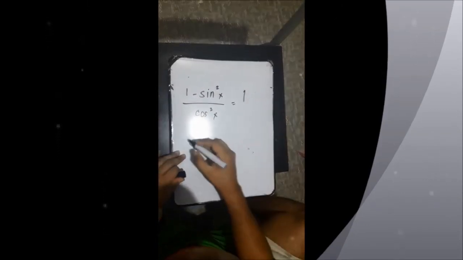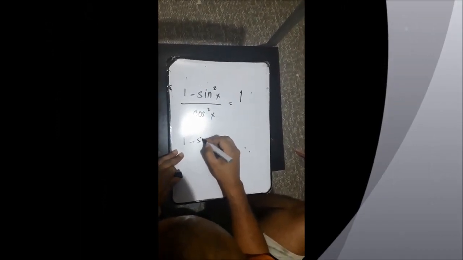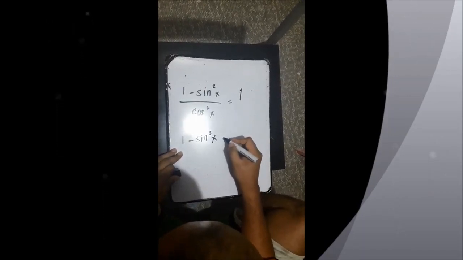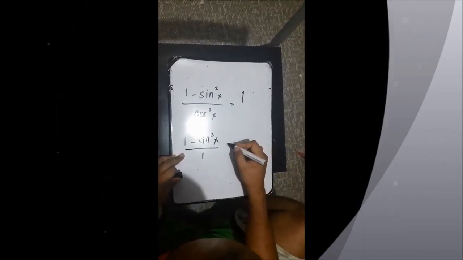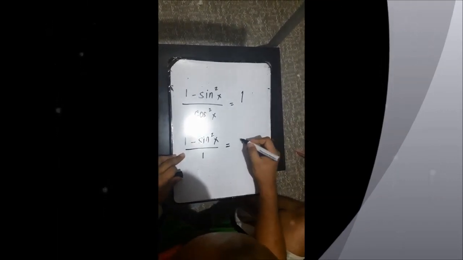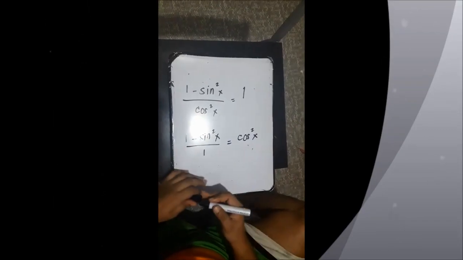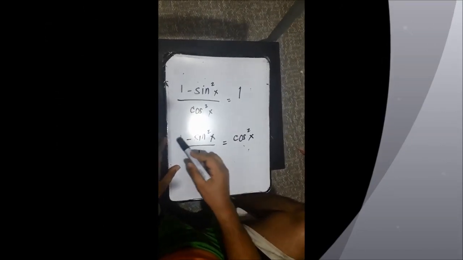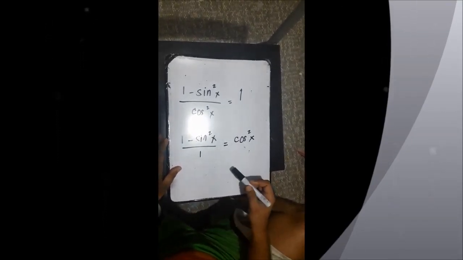So I will have 1 minus sine squared x over 1, now it's over 1 because I'm switching, equal to cosine squared x. Now over 1 simply means that I can have this only 1 minus sine squared without the over 1.